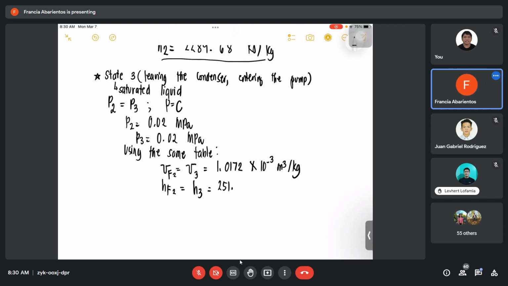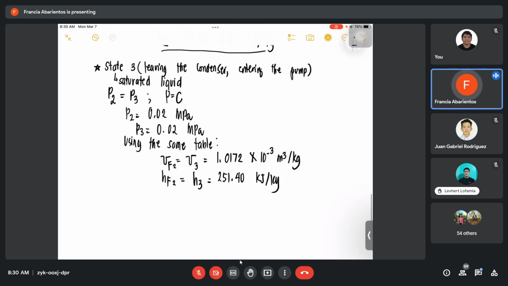HF2, kilojoule per kilogram, 251.4. Okay. So we have now the properties at 0.3.